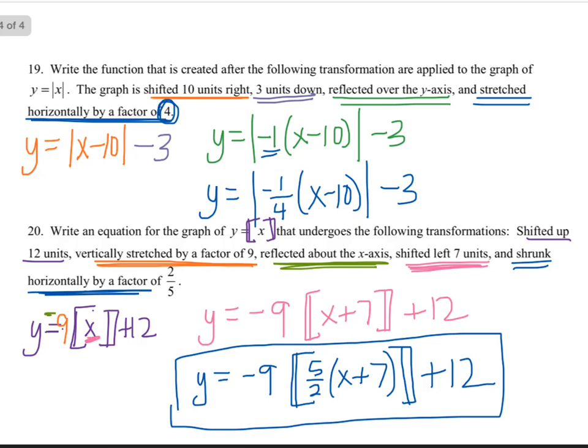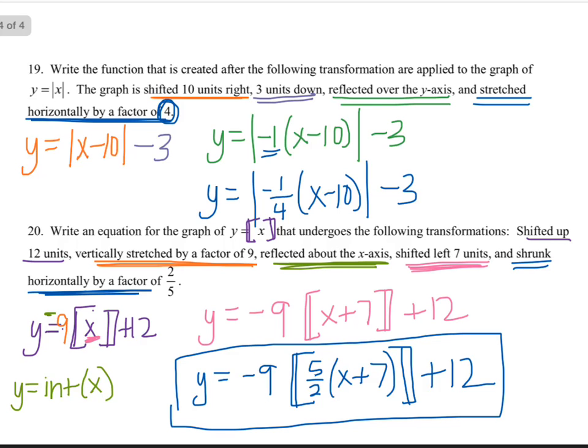That one threw in a lot of stuff, but you could graph this to check. Remember when you're going to graph the step function in your calculator, your calculator doesn't have those greatest integer step function brackets. So you would use int x.